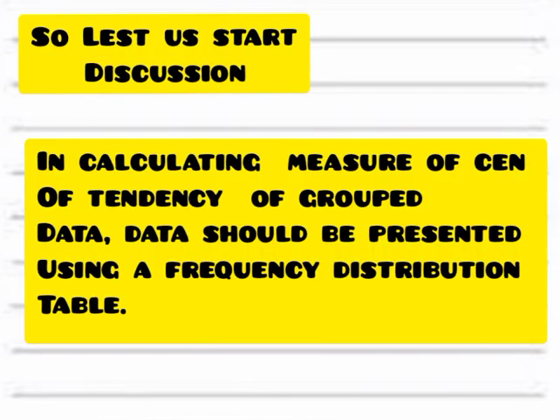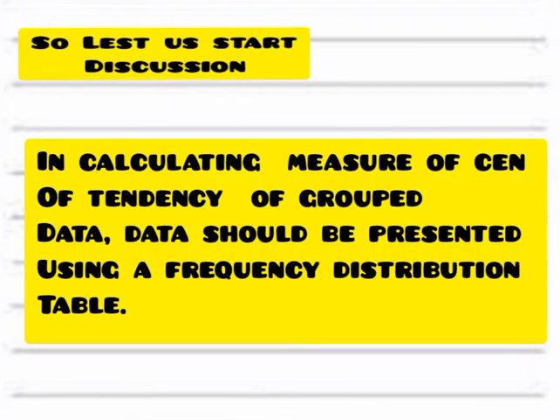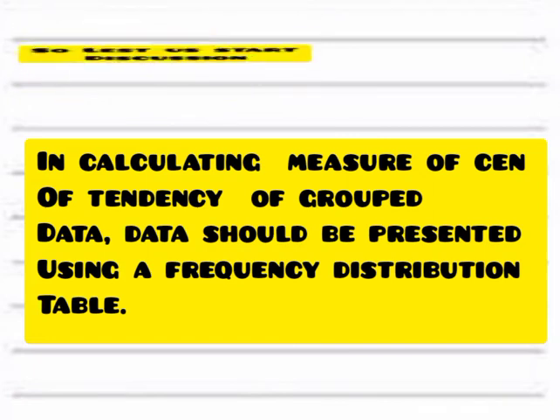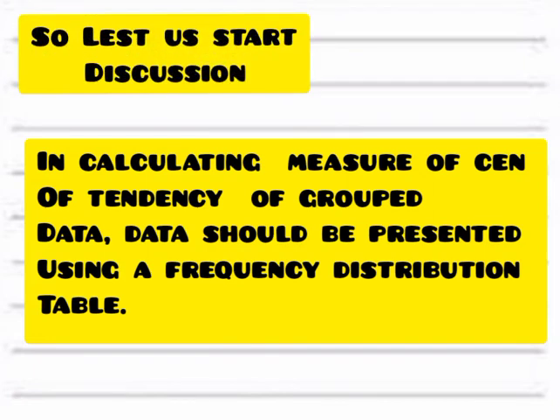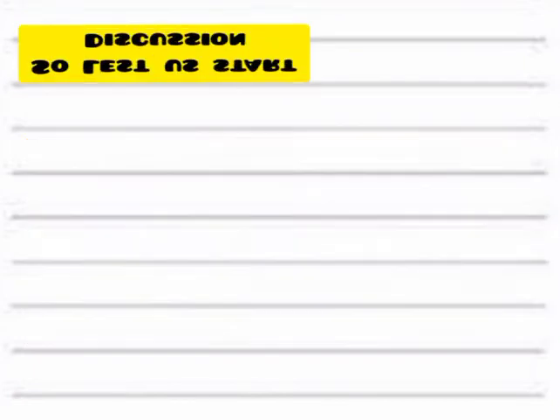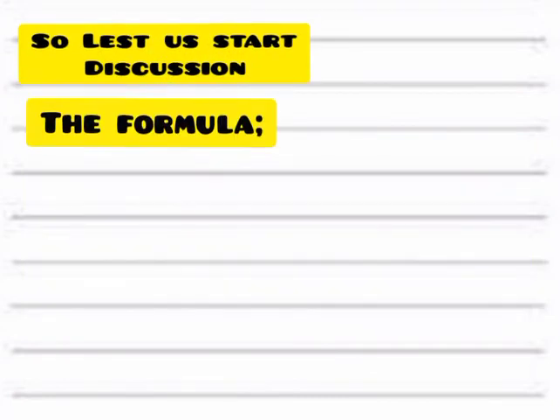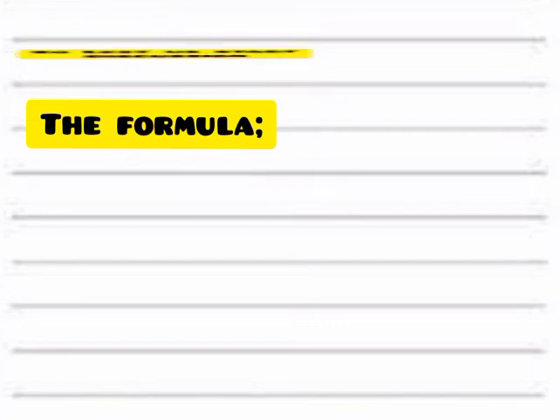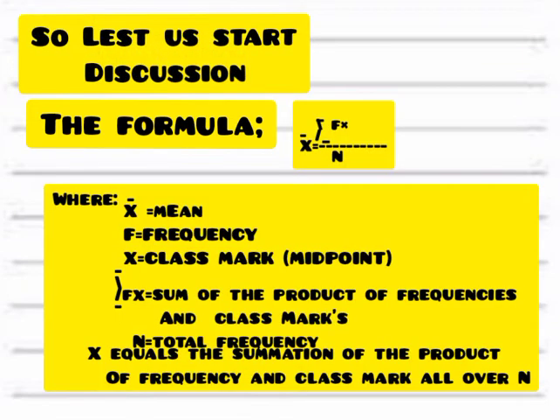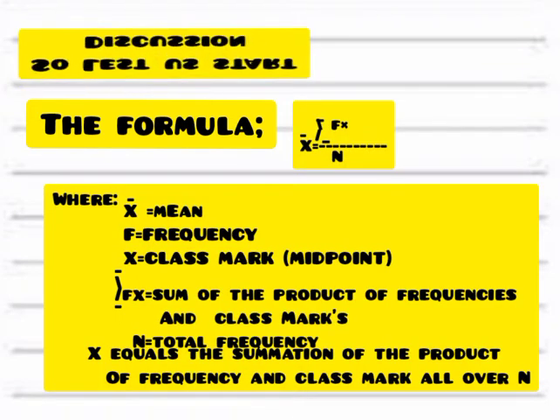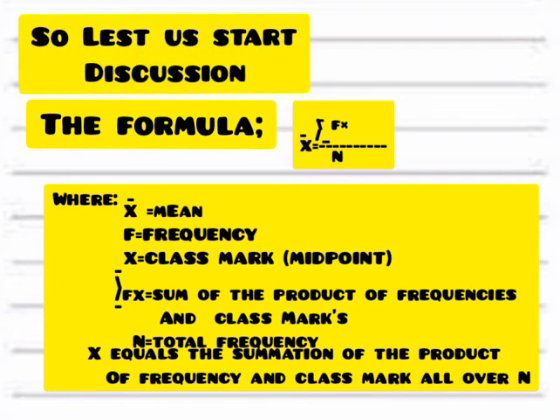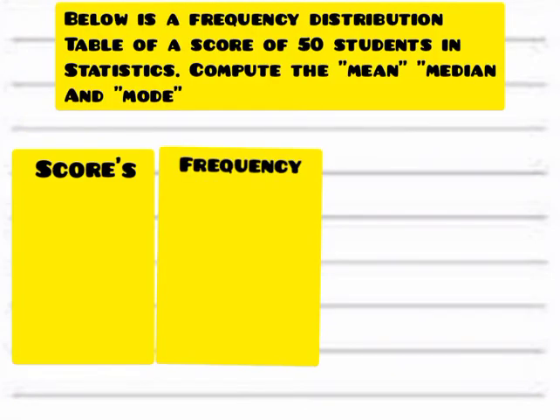In calculating measures of central tendency, grouped data should be presented using a frequency distribution table. To calculate the mean of grouped data using the direct method, use the formula: x̄ equals the summation of the product of frequency and class marks, all over n. So these are the scores and the frequency.